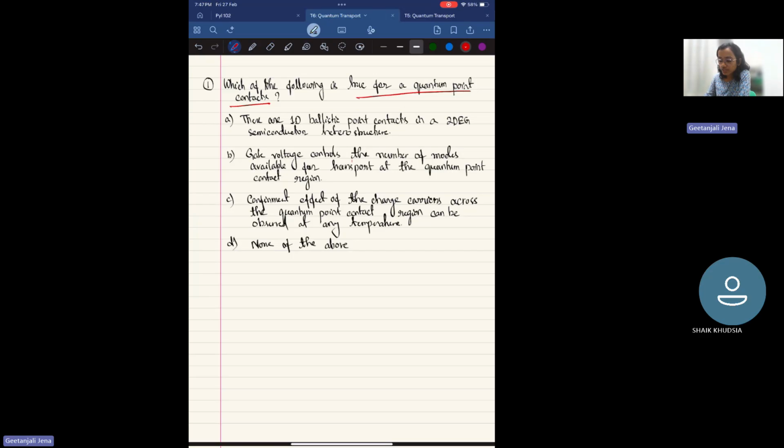Option B, gate voltage controls the number of modes available for transport at the quantum point contact region. Option C, confinement effect of the charge carrier across the quantum point contact region can be observed at any temperature. Option D, none of them. Which one of these do you think is the correct option?